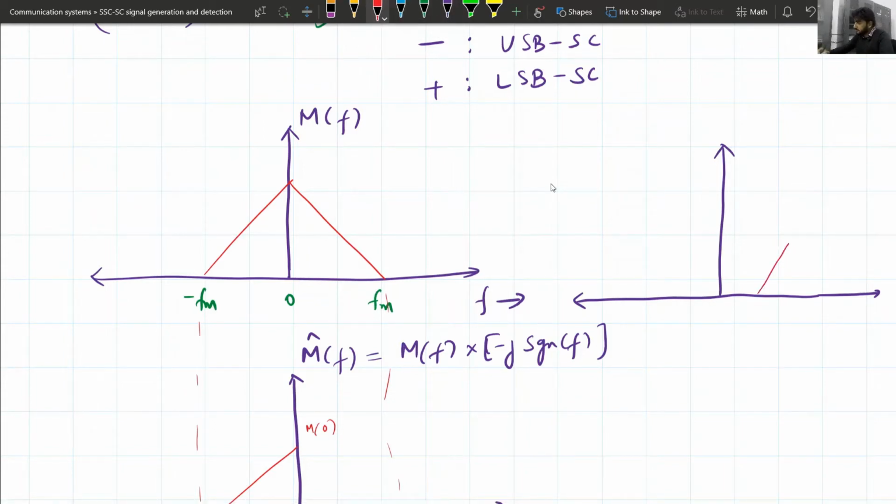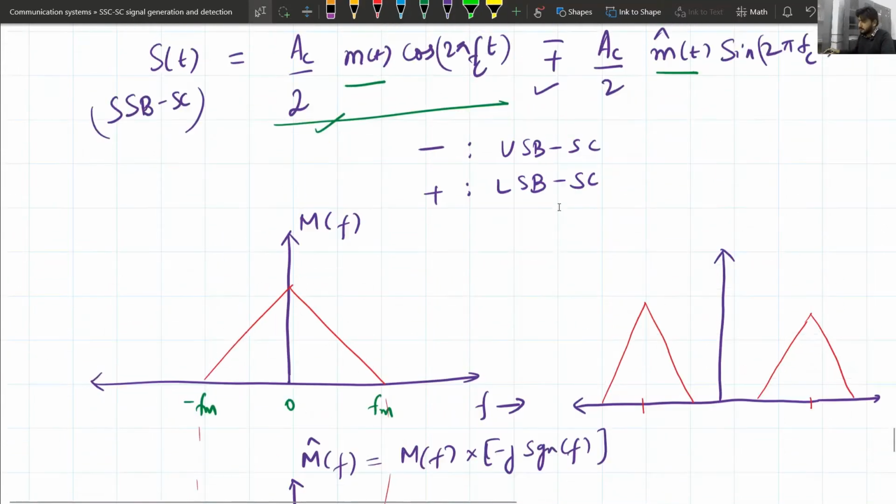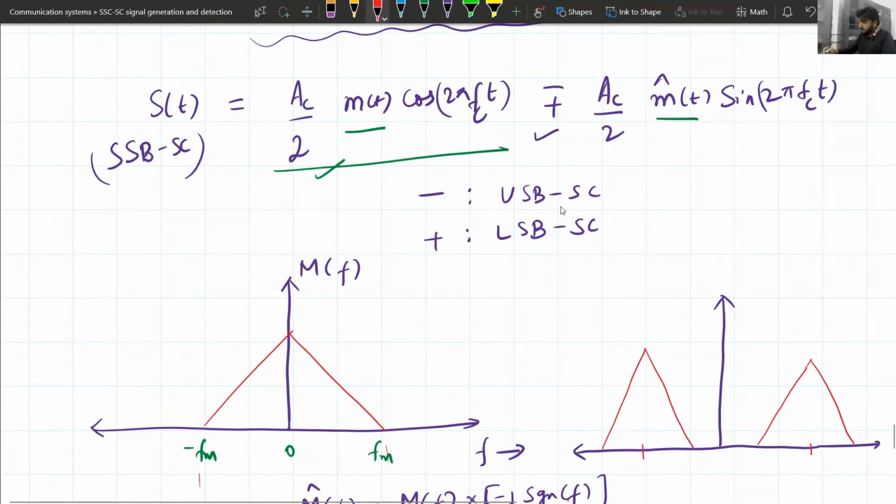So for cosine, there will be a translation in the frequency. And its value will be AC by 4 M0, right?